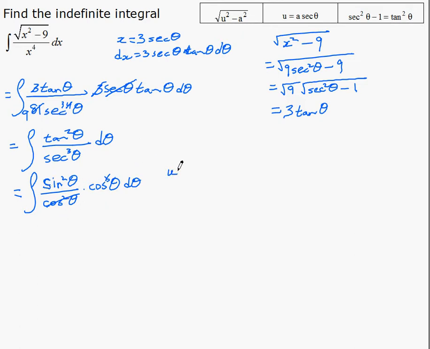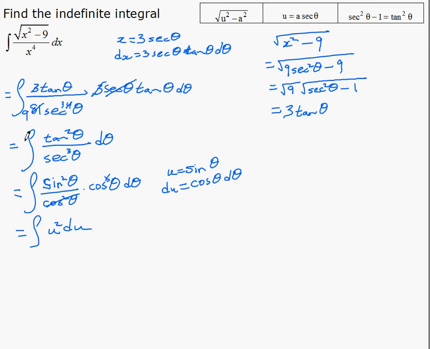So we're going to say u is equal to sine theta, means du is equal to cosine theta d theta. And if we make that substitution, then we get the integral of u squared du.